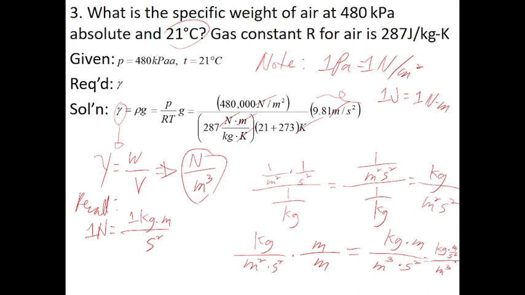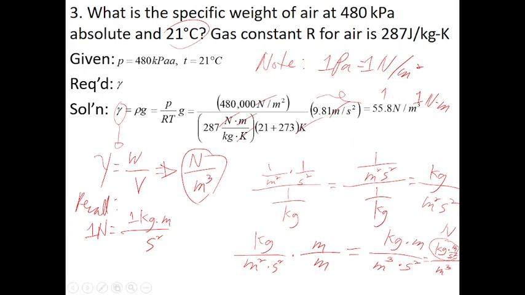So, kilogram meter per second squared, which is now a unit of Newton. 1 kilogram meter per second squared is 1 Newton. So, Newtons per cubic meter. So, kaya ang sagot ay 55.8 newtons per cubic meter. I hope you get it, no?